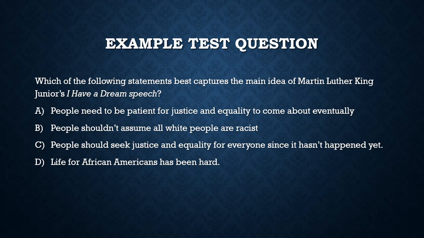You want to make note of which of those summaries, which of those points, seem to be emphasized the most, where there's the most evidence pointing towards specific points the author's making. You want to do all that while you're reading the text, making little notes. Then you could summarize the text in a paragraph and get it down to your own one-sentence summary or central idea of what the speech is about.